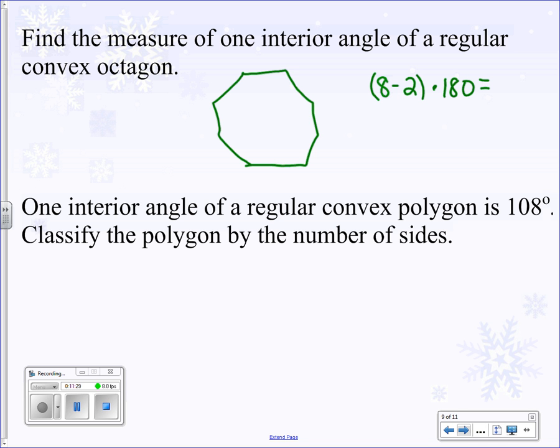That's equal to 6 times 180, or 1,080. That's equal to the sum. If we know there are 8 congruent angles, we can divide this by 8 and figure out that the measure of each angle is 135 degrees. So this angle right here is 135 degrees.